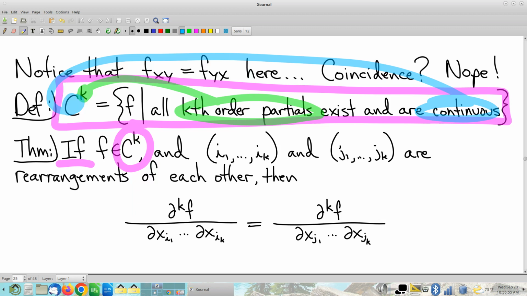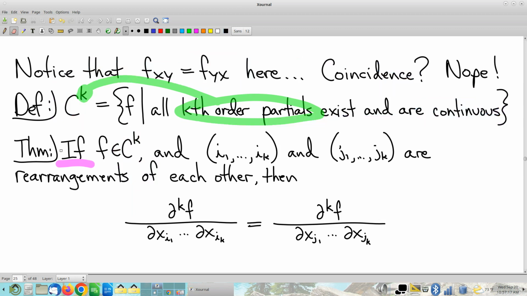No matter how many partials you take, we call that a C infinity function. Anyway, most of the convenient functions that we do business with most of the time are C infinity where they're defined, which is very good news.